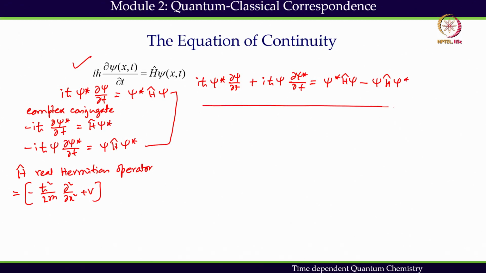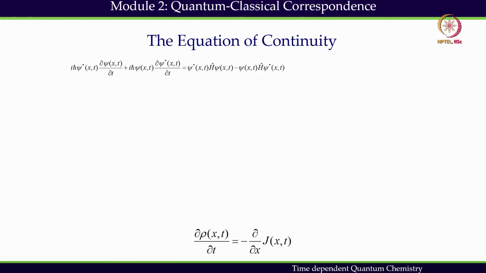So this is the subtracted form. I am just subtracting these two expressions. After this subtraction, I will further reduce the equation by inserting the Hamiltonian operator here.